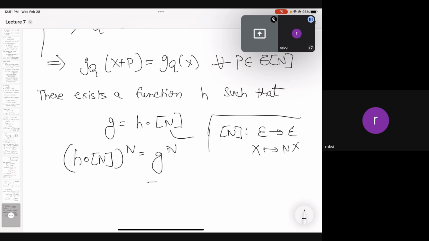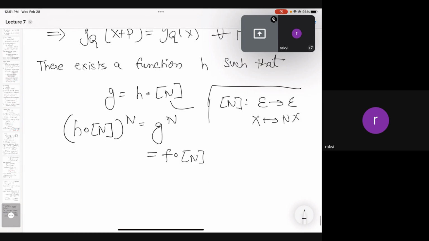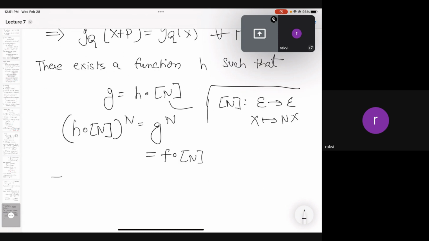But g to the power n is really just f. So this gives us that f is basically h to the power of n.